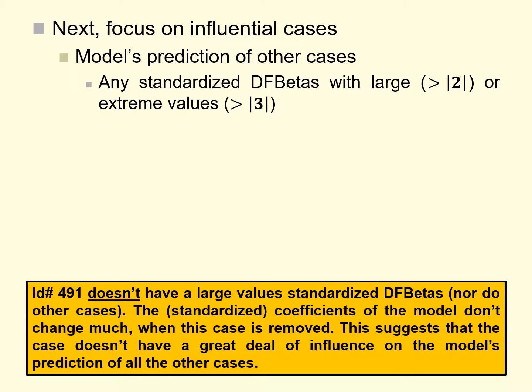So this is just another way to think about influence from the perspective of the case's influence on the construction of the model and the model's ability to predict all the other cases in the data set.